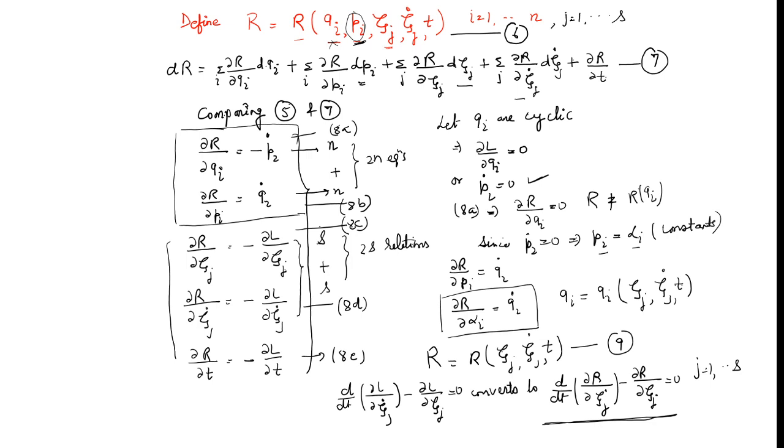Initially you were having n plus s coordinates, n was the number of cyclic coordinates, so subtract this n, and finally you are getting your s number of second order equations of motion. So this is the main benefit of the Routhian procedure. Your number of equations are reduced, so your work is reduced. Now we'll see an application of this Routhian procedure.